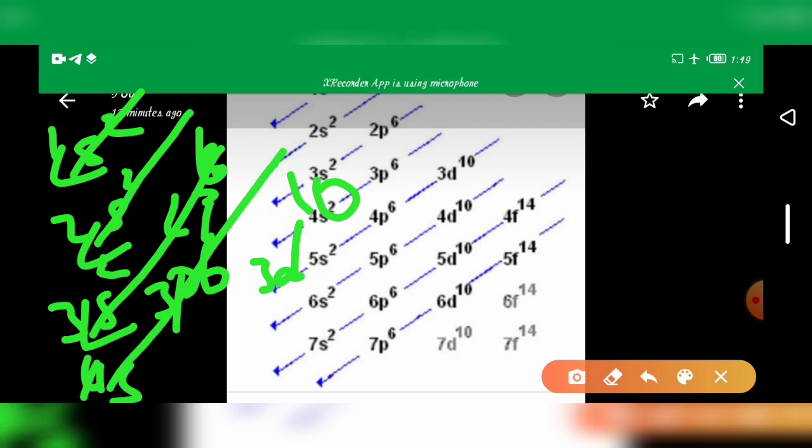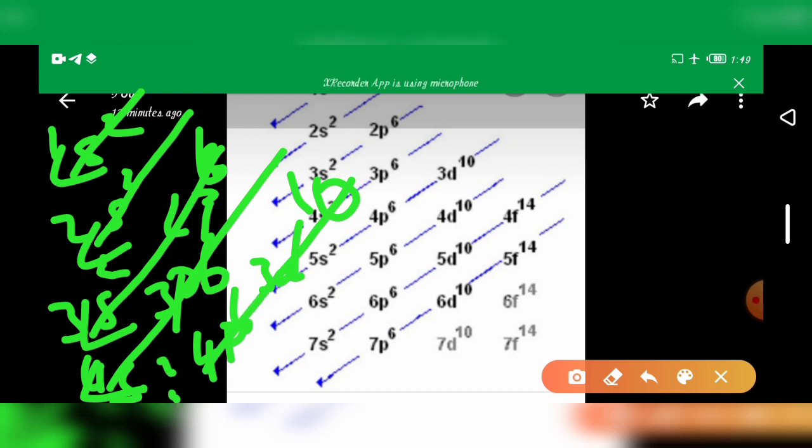After 3p6 is filled it goes to 4s, then 3d, then 4p. After 4p6 it goes to 5s, 5s2. So first 5s2, after 4p6, after 3d10. Next it will be filled like this, from up to down.